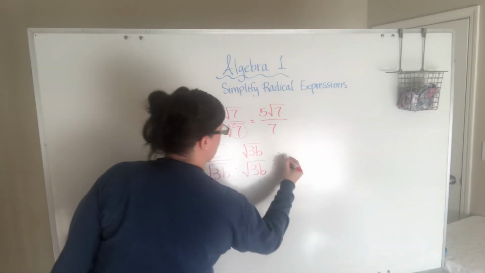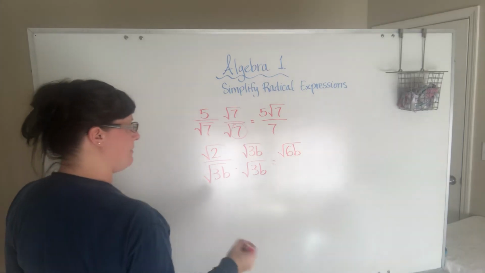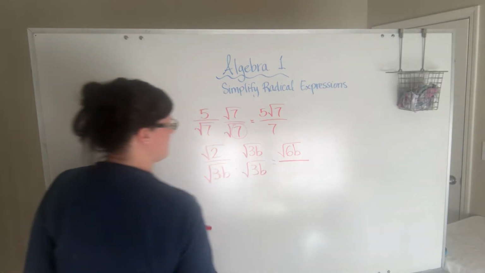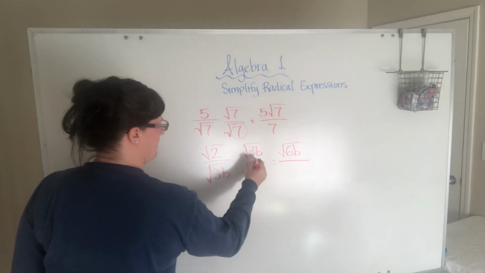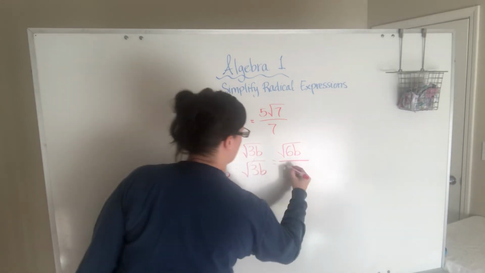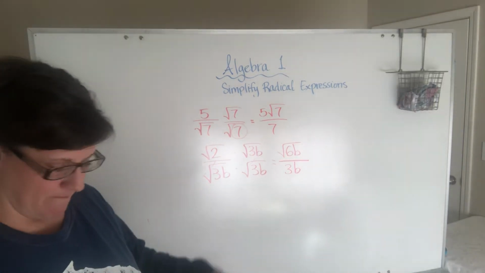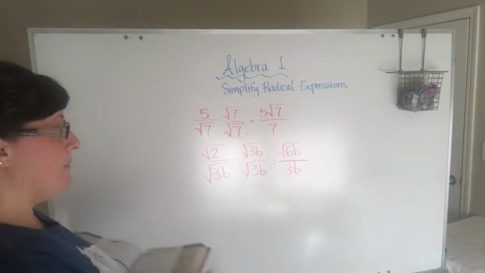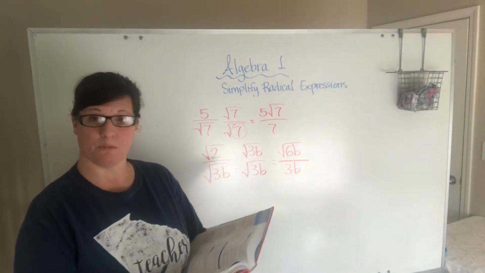So, I end up here with the square root of 6b. Can't simplify that. What do I end up with in the denominator? Square root of 3b times that. This radical sign disappears and you're left with 3b. Okay? Doesn't simplify, but you don't have a radical sign in the denominator, which is the important part there.